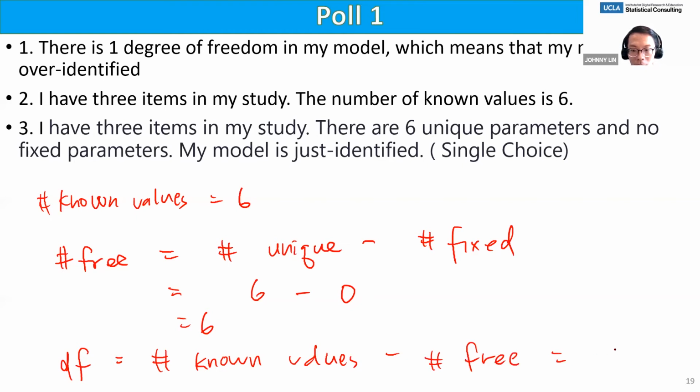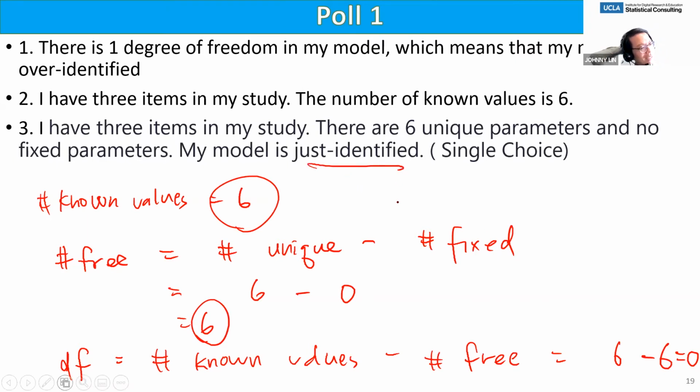So what is that? 6 minus 6 is 0. And when my degree of freedom is 0, what is that? Just identified. Does that make sense? Were you guys kind of confused about something maybe? Or if I did something wrong, you tell me.